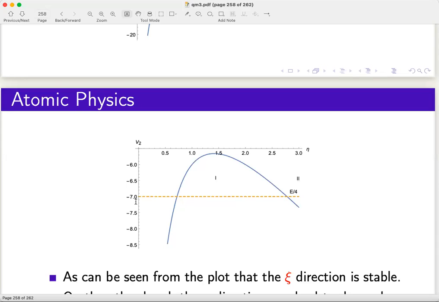Classically, of course, this is a region where the bound state was sitting, and classically it is of course stable. There is no question about that. But quantum mechanically, if you go far out in the eta direction, there is a place where you cross this potential again, and there is a finite probability for a particle with energy E by 4 to tunnel across and go all the way to infinity in the eta direction.